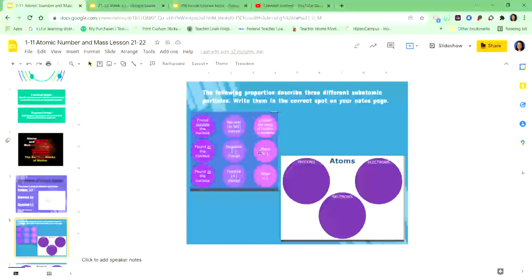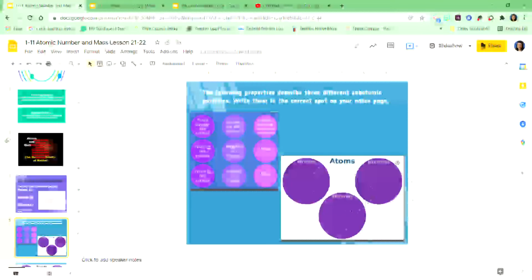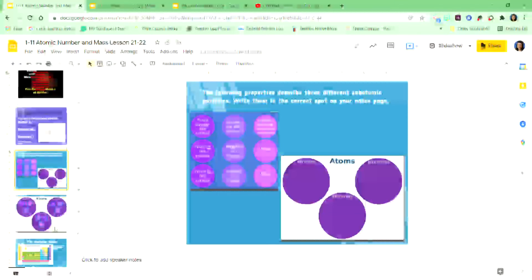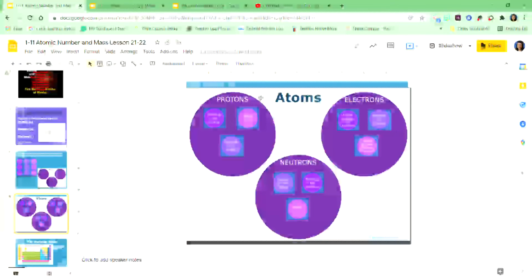Right, so we're going to place each one of these colors into each of the atom particles. All right, so protons are found in the nucleus. They have an atomic mass of 1, and they are positively charged. Neutrons are neutral or have no charge.